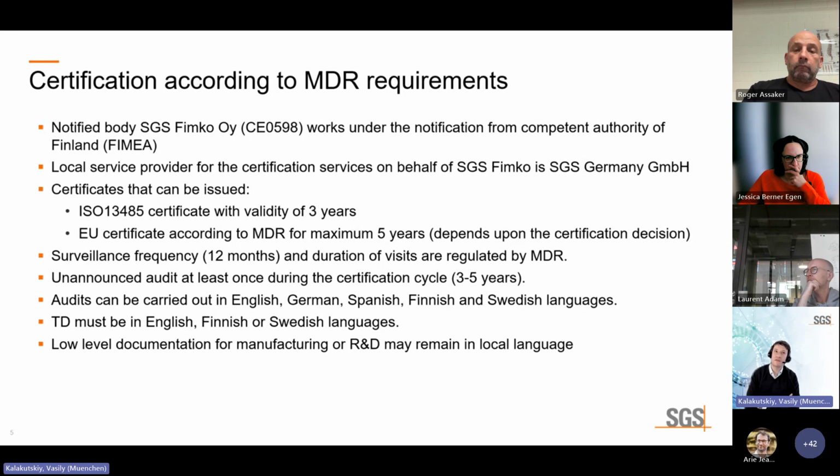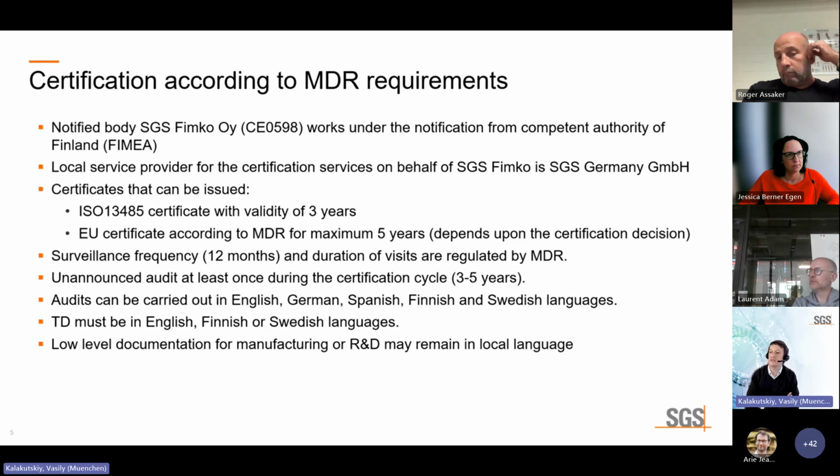However, very often the customers ask whether they can still keep a certain level of documents in the national language, the local language. For example, for the manufacturing instructions, for certain drawings, whether everything has to be translated or not.